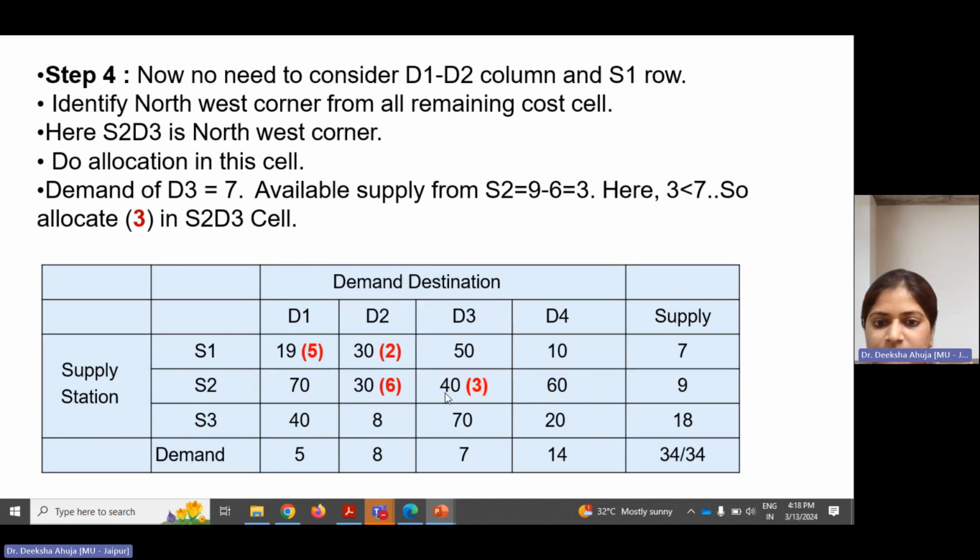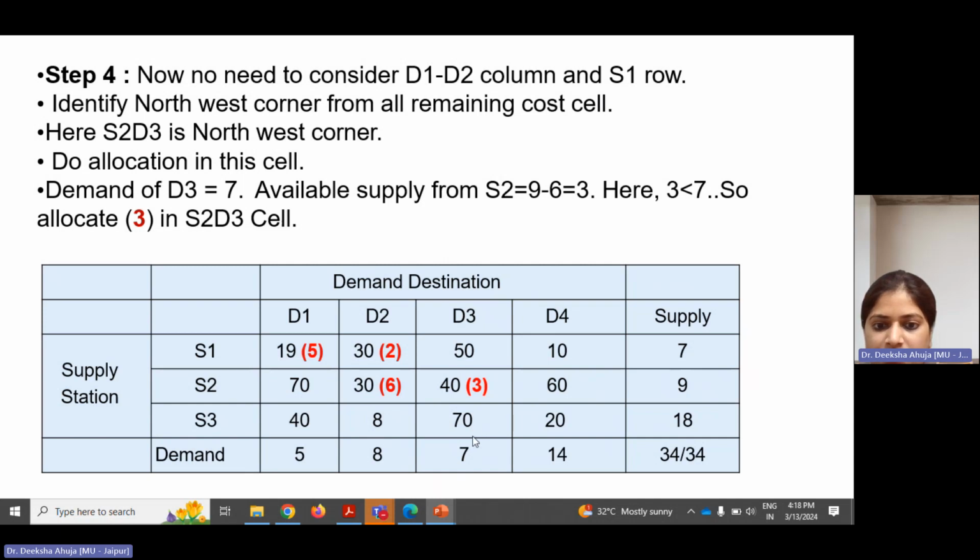Now we can see what is the balance here: 4 is left out in the demand, and the left out supply is 0, because 6 and 3 are already allocated. So we can allocate the 4 demand here.